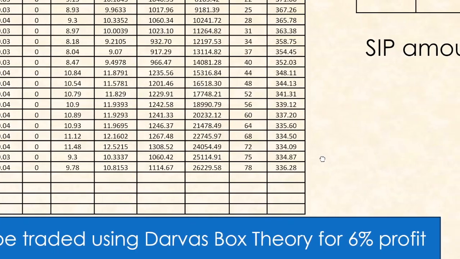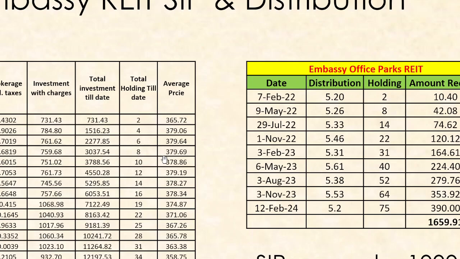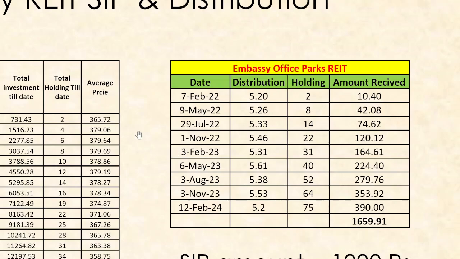Also, while you are buying this REIT, as I have mentioned, every 3 months there will be a dividend distribution, and whenever you hold those stocks, you will get the dividend.